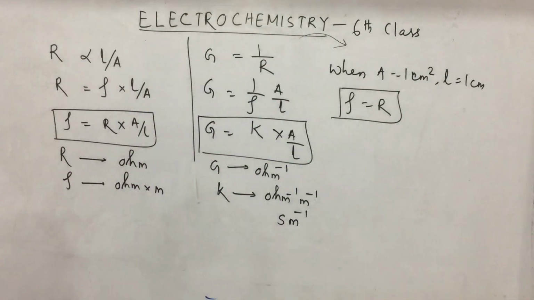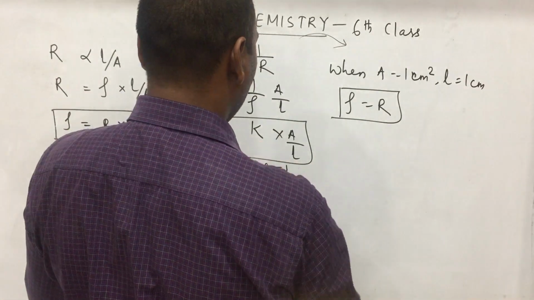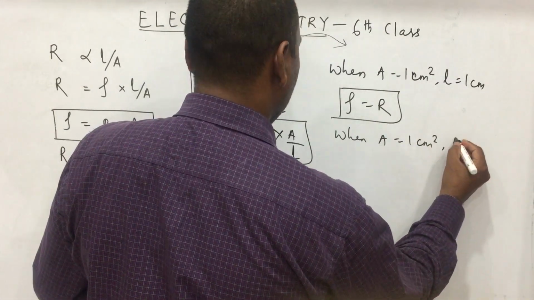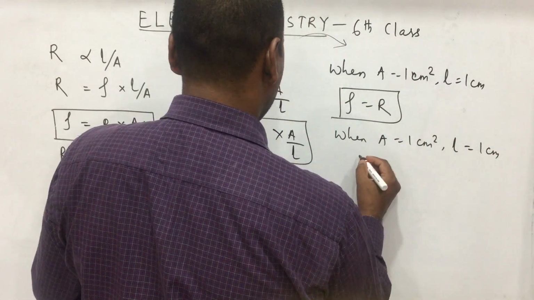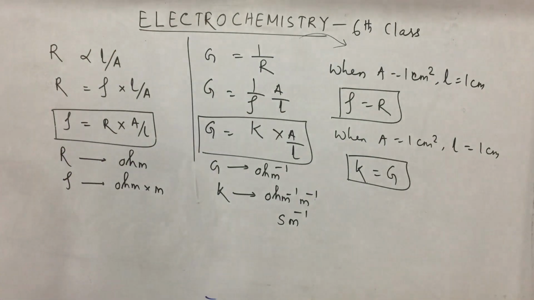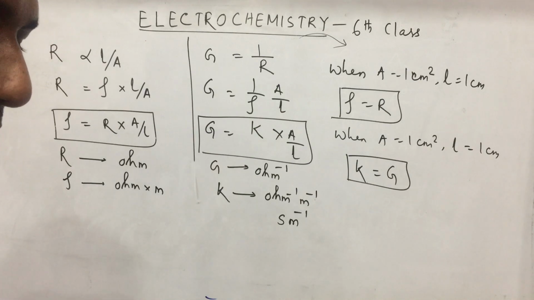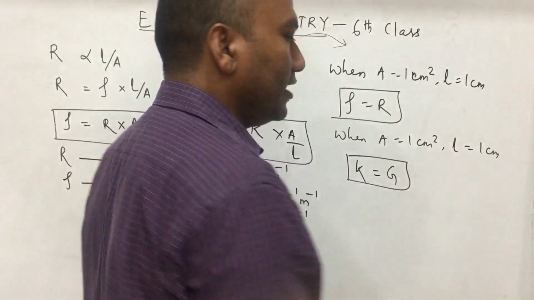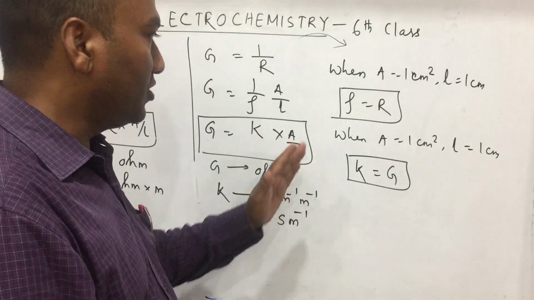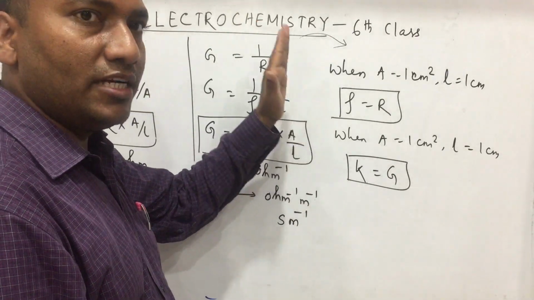Similarly, how can you define conductivity? In the same format, when A equals 1 centimeter square and L equals 1 centimeter, kappa equals G. So conductivity can be defined as the conductance of a solution having area 1 centimeter square and length 1 centimeter, or we can say volume 1 centimeter cube, because in the electrochemistry chapter we are reading about different types of electrolyte solutions.